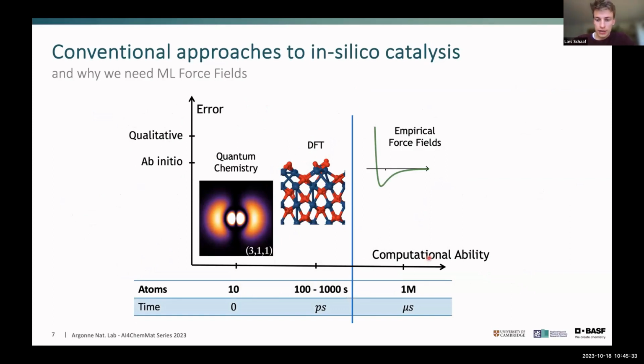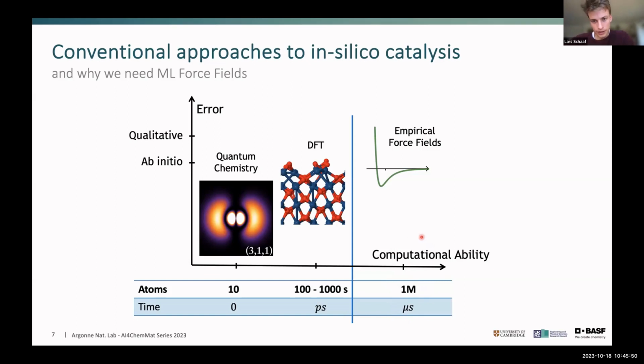We have this ladder of what we can do computationally, and the higher the error, the less computationally expensive we become, and we can simulate bigger systems for longer times.